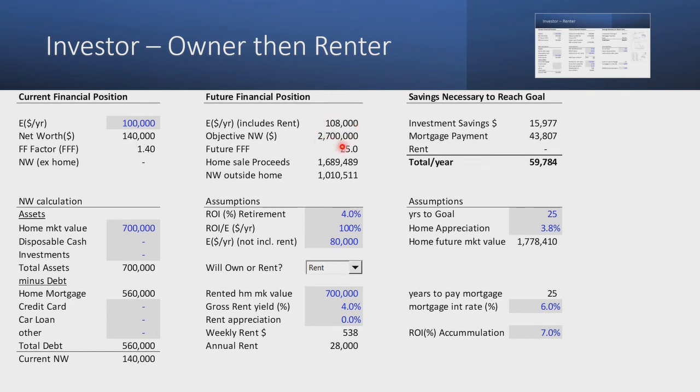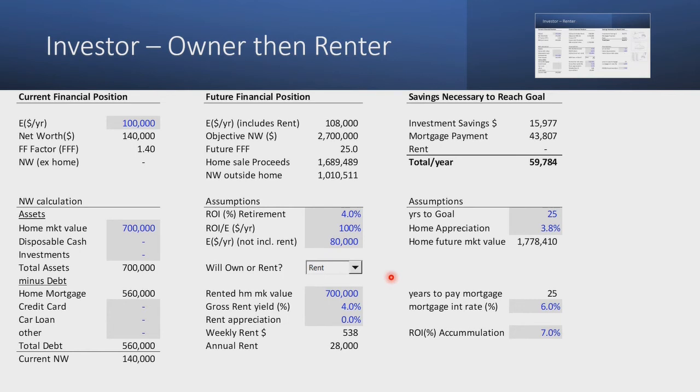And of course that means that at the same financial freedom factor, he will have to increase his objective net worth, which compensates with selling the house and using that for living expenses.